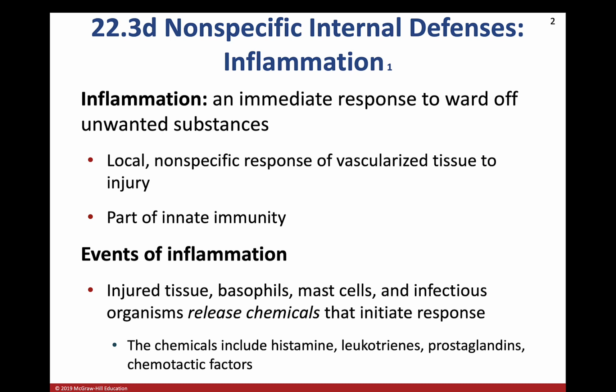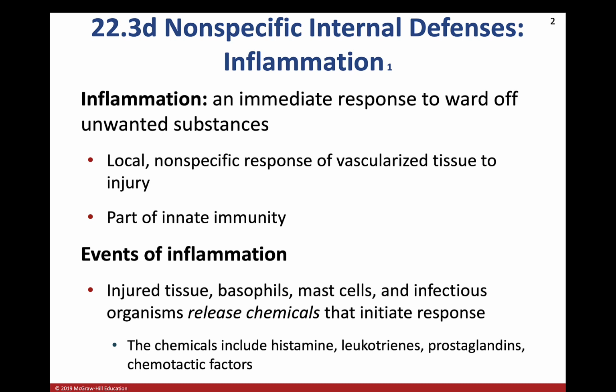And remember, this is a part of innate immunity, so it will respond to a number of different types of attacks upon the body. Now, when we look at the events of inflammation, the first part is going to be some type of injury to the tissue.